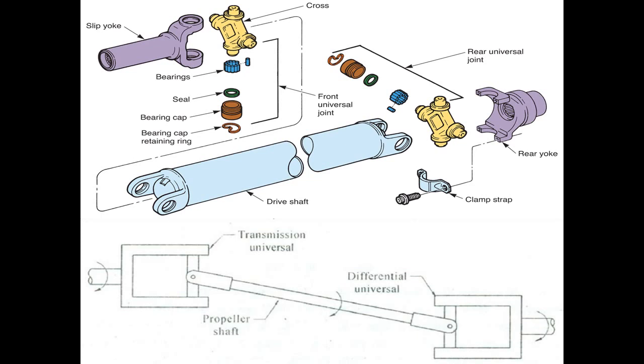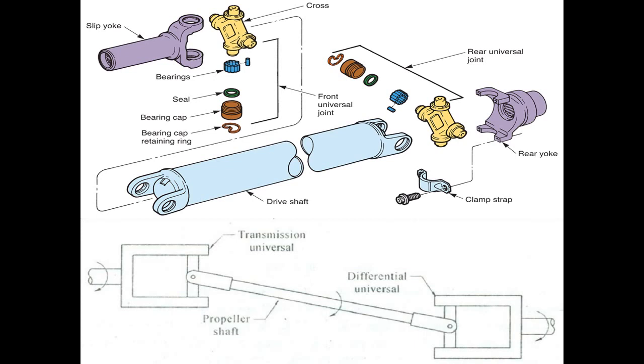The components of drive shaft along with universal joint. The first one, in the left topmost corner, you can see the slip yoke. In that circular part, you can see internal splines. Then is the cross. Then you can see the drive shaft and rear yoke.